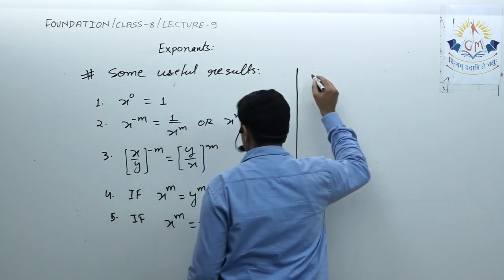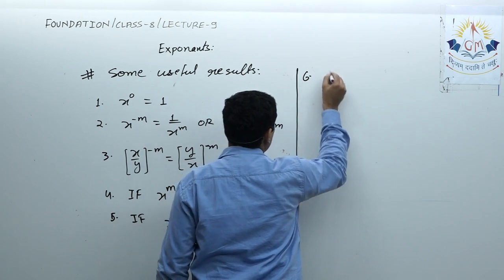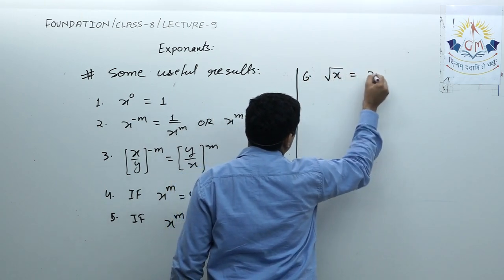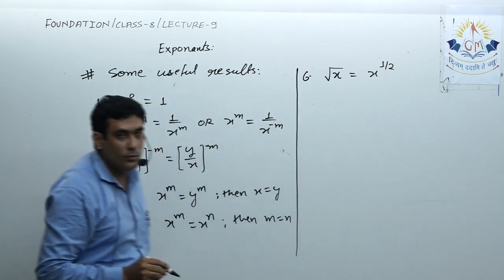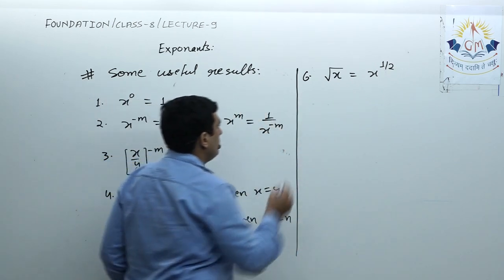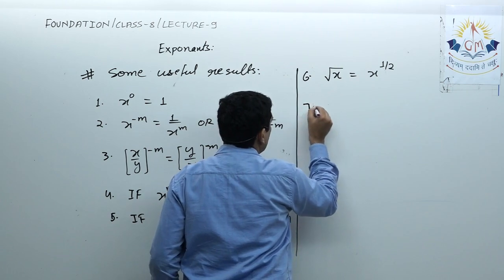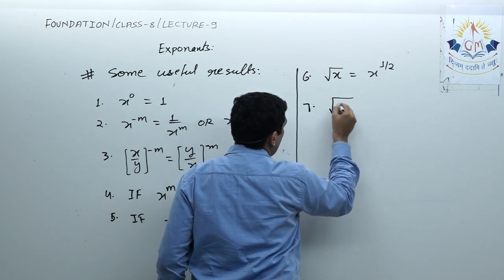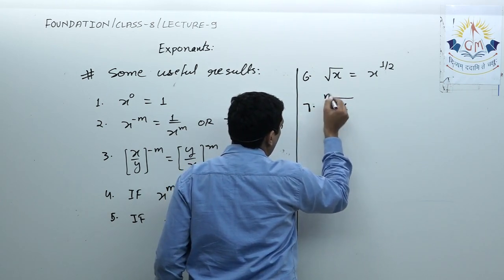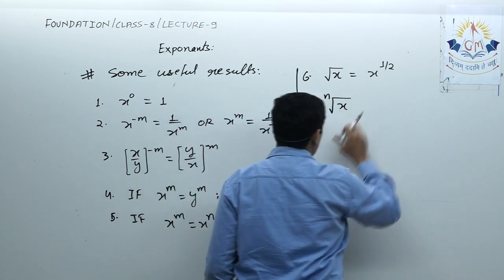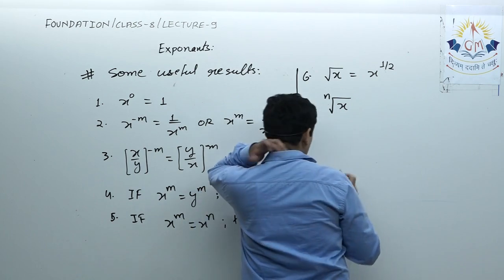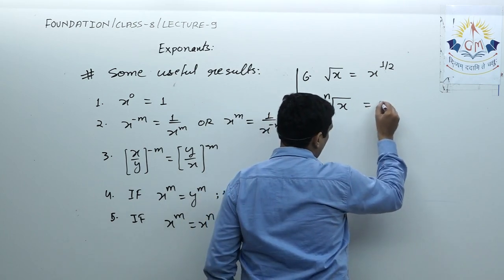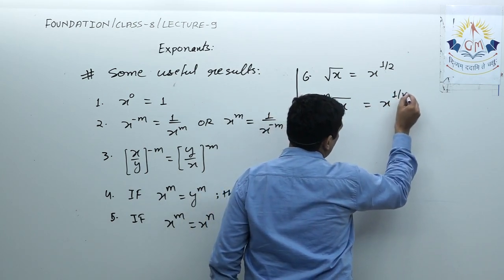Now sixth, you should understand that root x means x raised to the power 1 by 2. Then seventh, suppose we have something like x raised to 1 upon n.